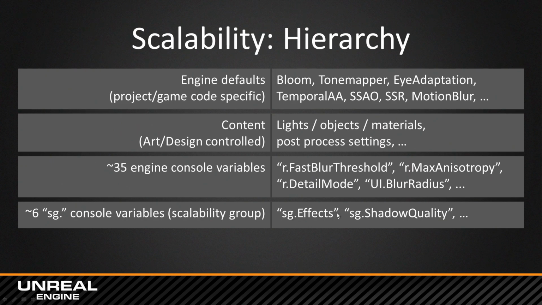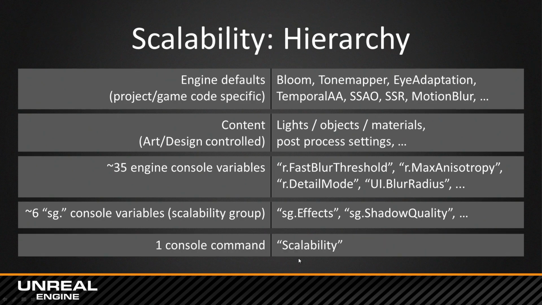So once you change one of these, it might change a few of those. And then there's actually one console command which rules them all. Once you put scalability 1 or 2 or 3 or whatever, it basically sets all the SG console variables to that setting, and then those set all the console variables to that setting. So that one is very powerful.